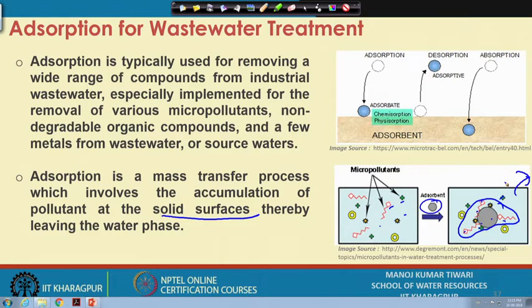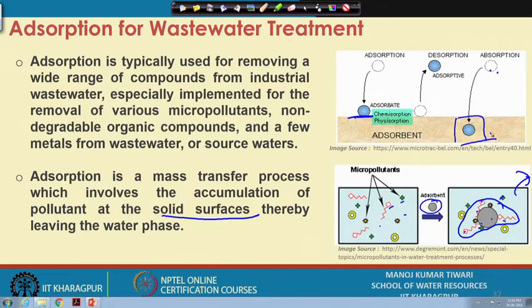Adsorption is a word where retention takes place on the surface. We have a similar word, absorption, where the particle in the water phase can actually enter the body of the adsorbent.